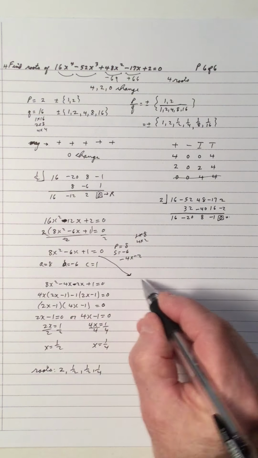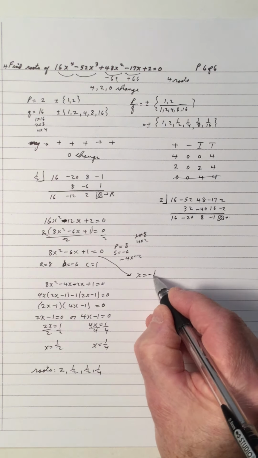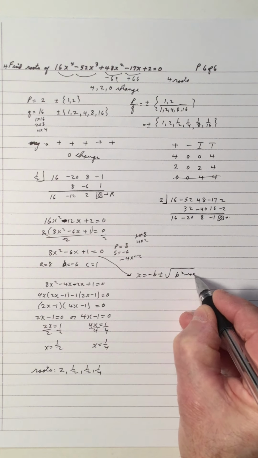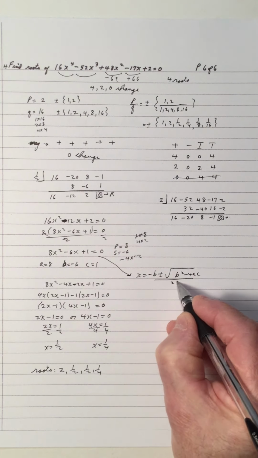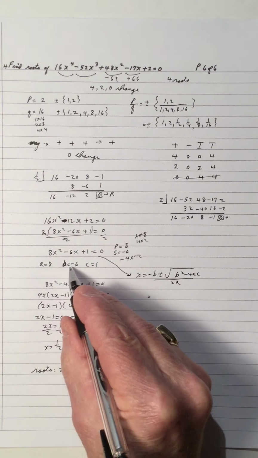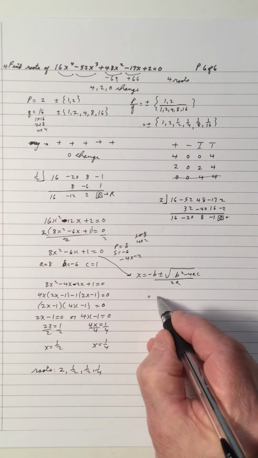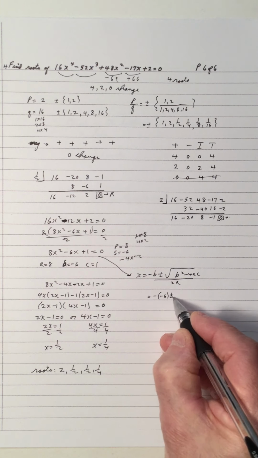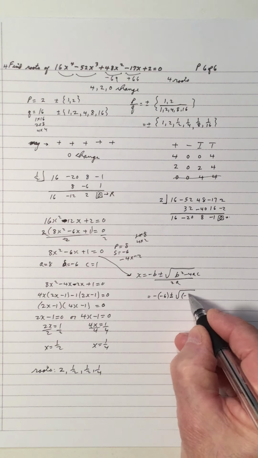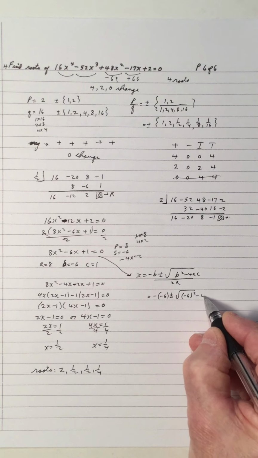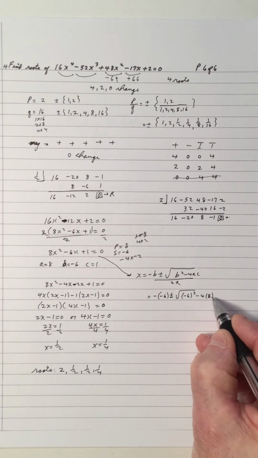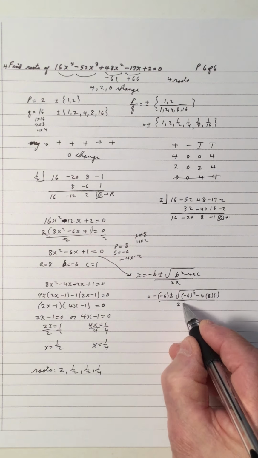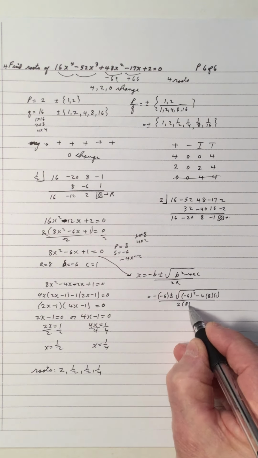So A is 8, so x is equal to negative b plus or minus the square root of b squared minus 4ac all over 2a. So b is negative 6, so it's the negative of negative 6, plus or minus the square root of negative 6 squared minus 4 times 8 times 1, all over 2 times a, which is 8.